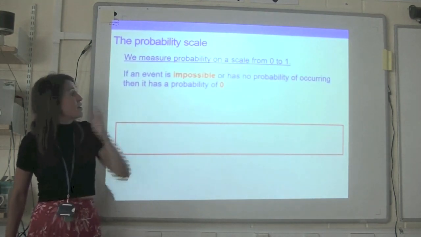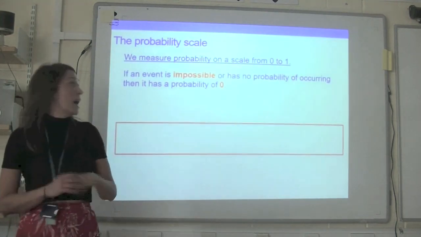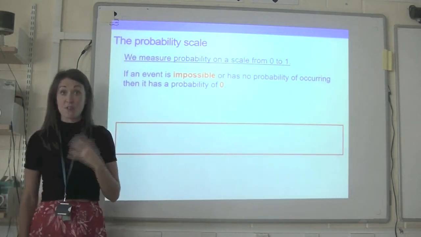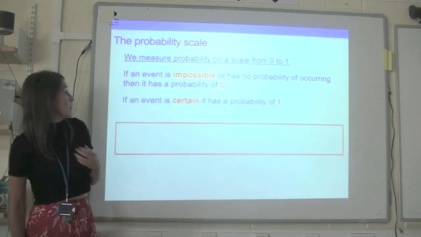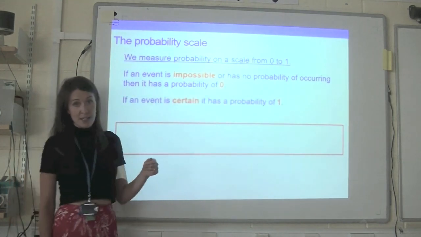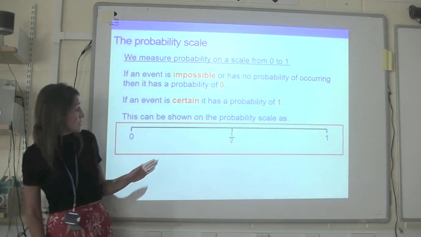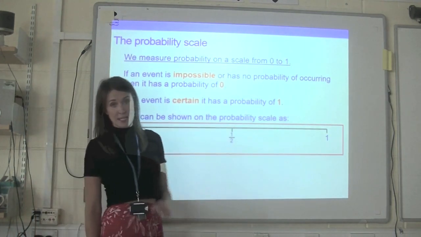We say that if an event is impossible and has no probability of occurring, then it has a probability of 0. And we say if an event is certain, then it has a probability of 1. So we can transpose that onto our probability scale.